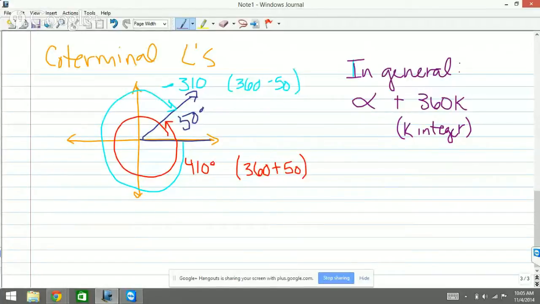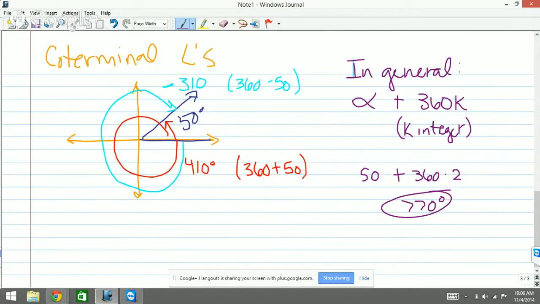Sometimes you get to pick it. You can pick 2. What's 50 plus 360 times 2? So 770 is another coterminal angle.